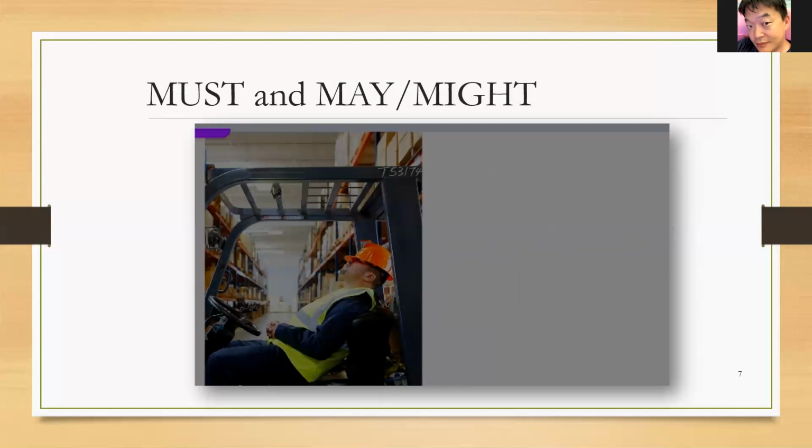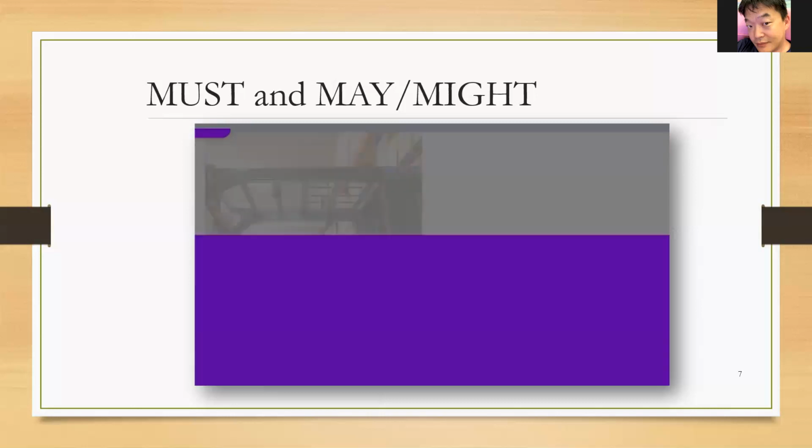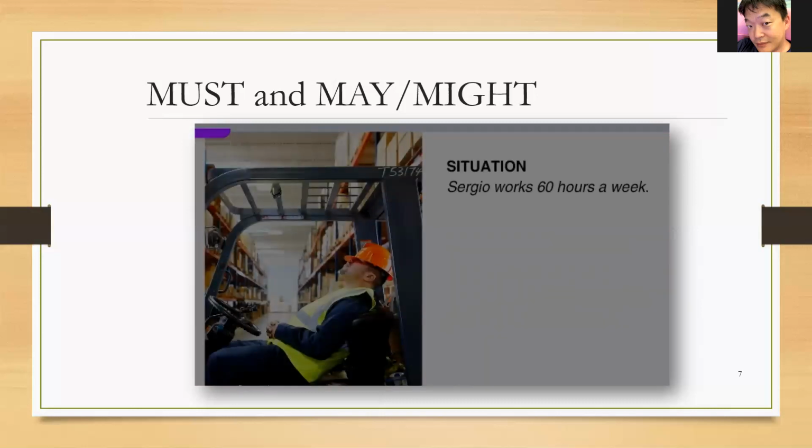Listen. Situation. Sergio works 60 hours a week. He might be tired, but he may enjoy the work. Is this a conclusion or a possibility? Possibility. Situation. Sergio works 60 hours a week. He must get paid overtime.